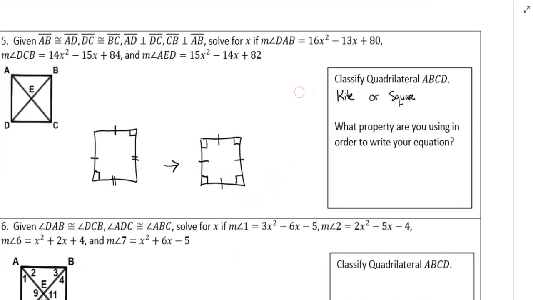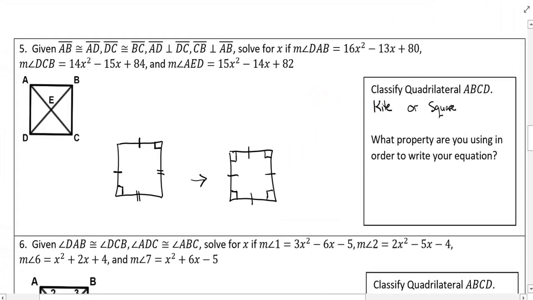So because the diagonals are perpendicular, we can say that the measure of AED is 90 degrees. And so I'm going to write that the measure of AED is equal to 90.